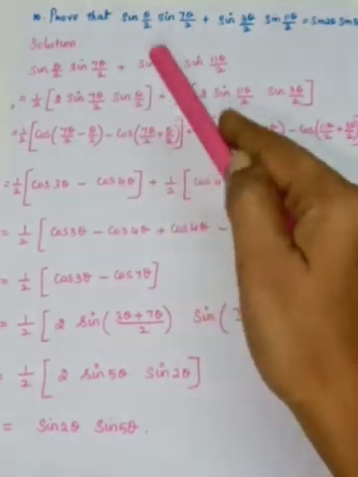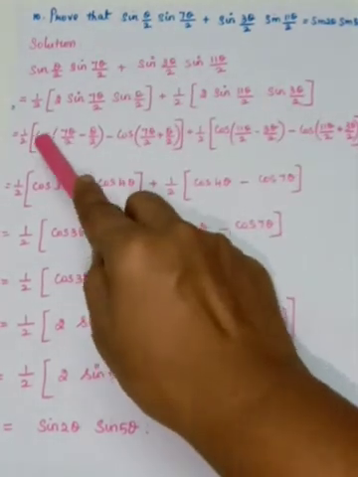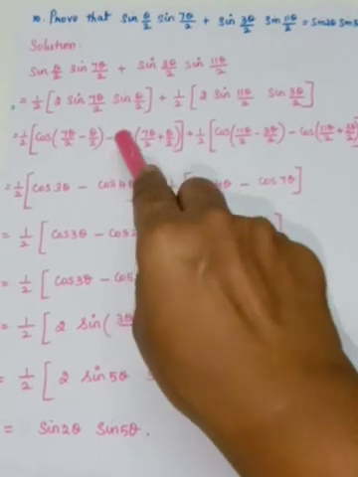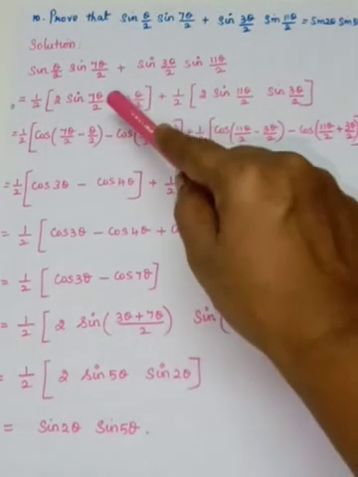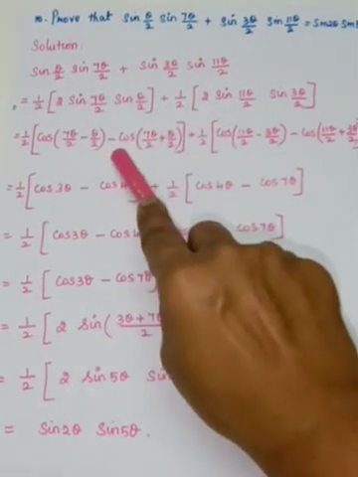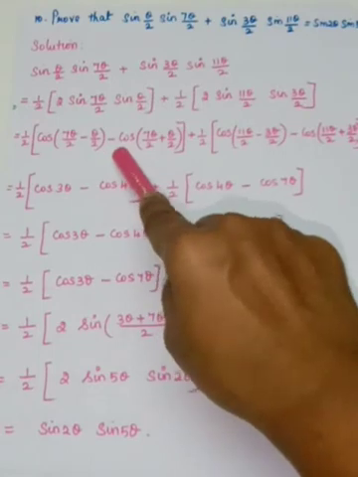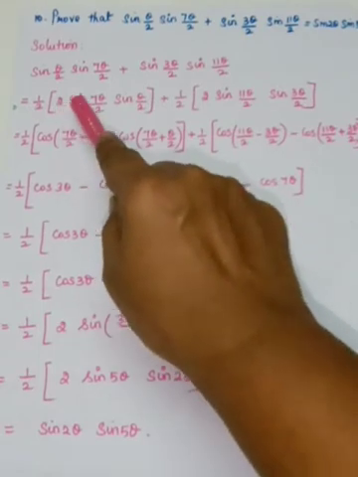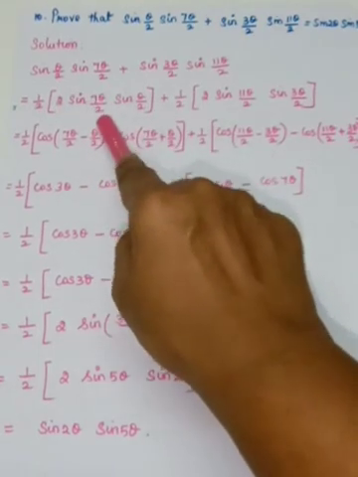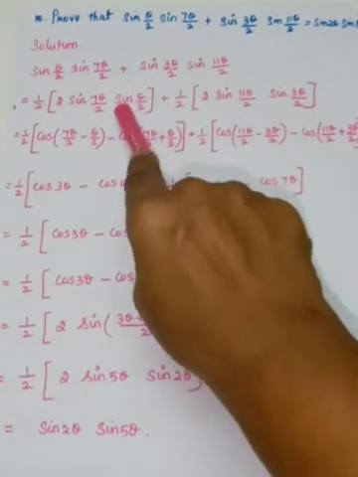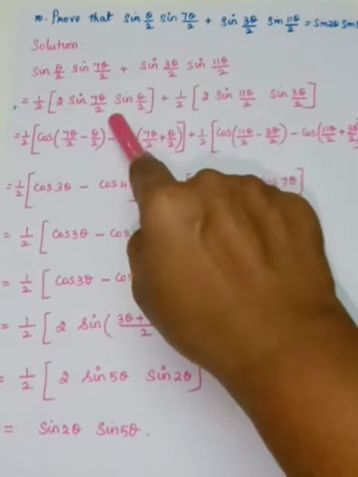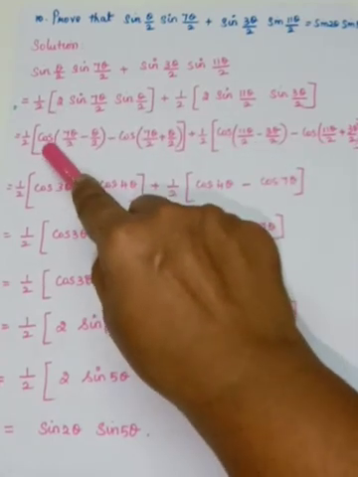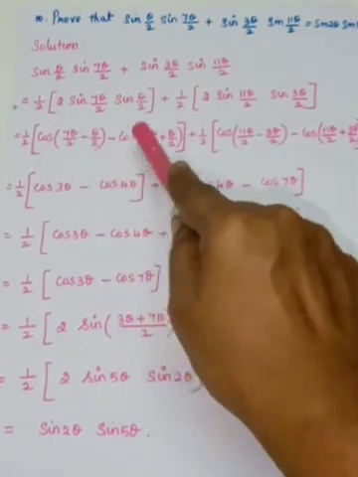Okay, so your formula will become cos D minus cos C. They are in the product, and you are going to write it as a sum or difference. So 2 sin (C plus D) by 2 and sin (C minus D) by 2, if they are like this, then your formula is cos D minus cos C.